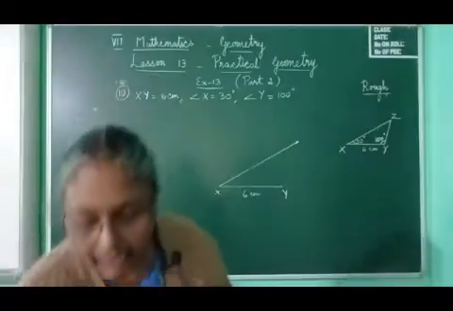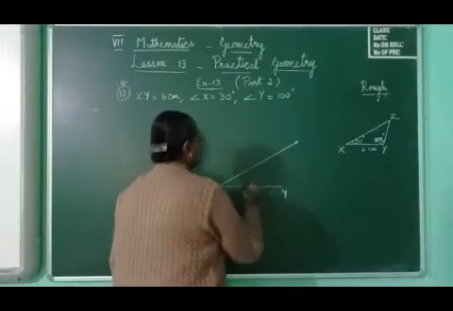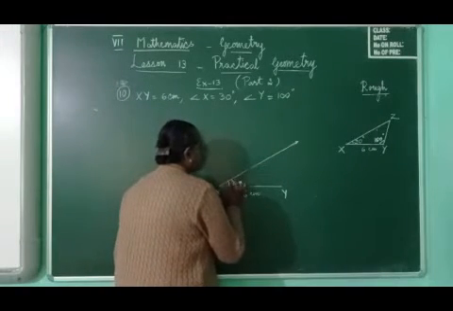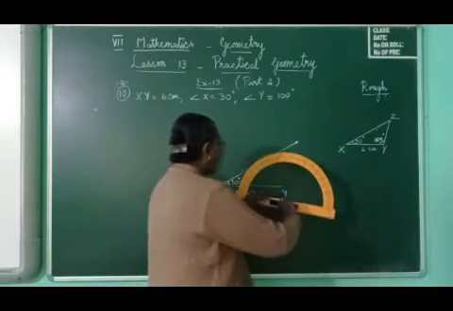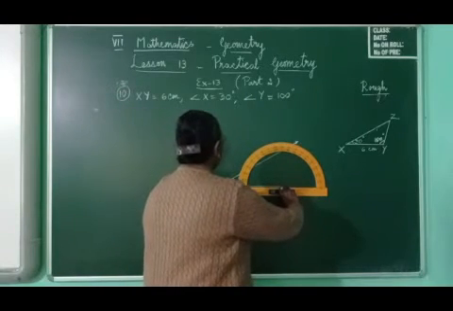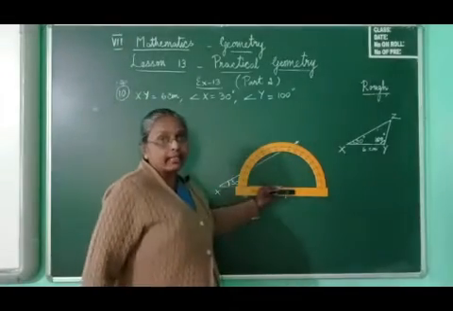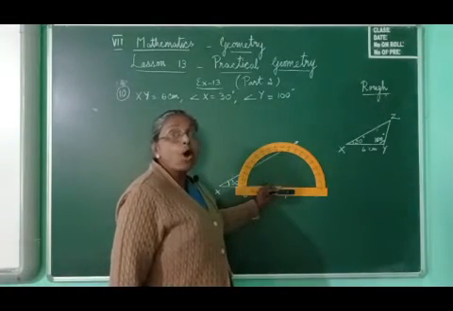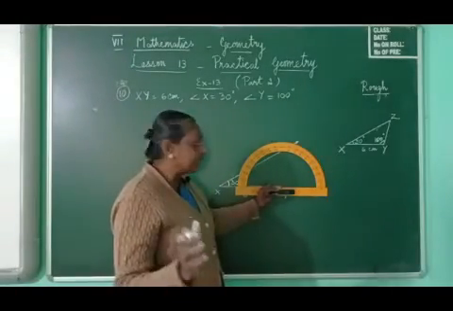After drawing this line, again we need to draw 100 degrees from Y. We have drawn 30 degrees from X. We have to now draw 100 degrees from Y. As we know, 100 degrees is an obtuse angle. It is not an acute angle, it is an obtuse angle which will be more than 90 degrees.